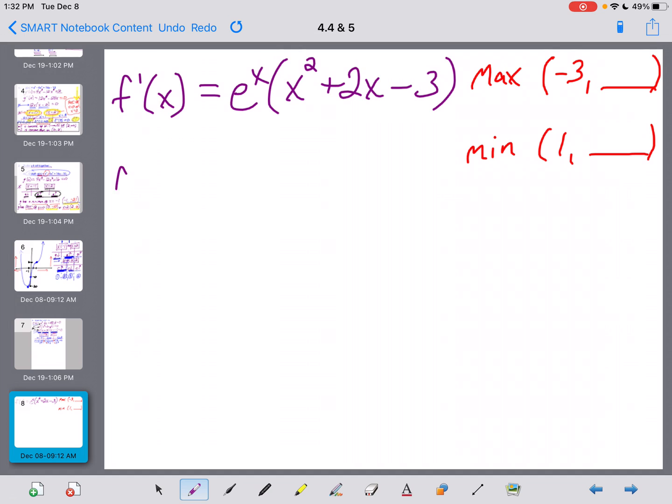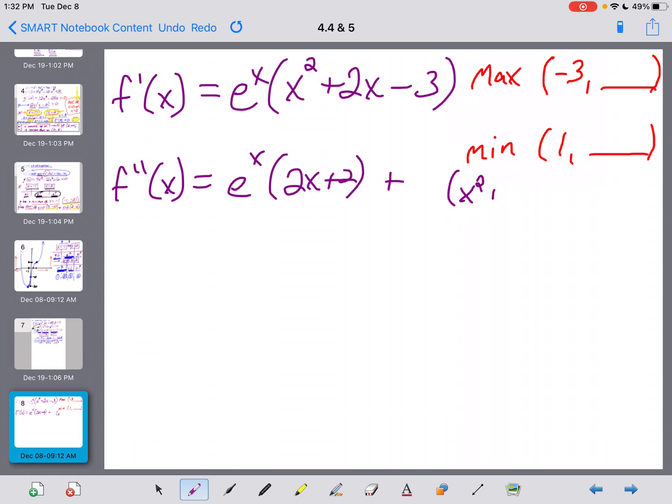Okay, so with that in mind, we now need to take the derivative of that, and that's going to require the product rule again. First factor, e to the x, times the derivative of the second, 2x plus 2, plus the second factor, which is the whole trinomial now, x squared plus 2x minus 3, times the derivative of the first, which is still e to the x.